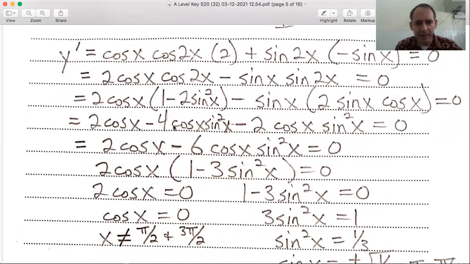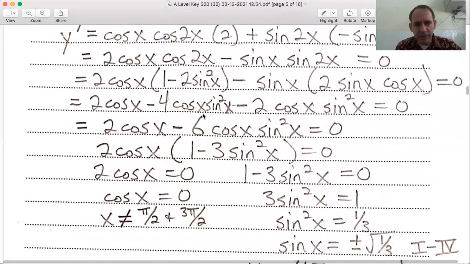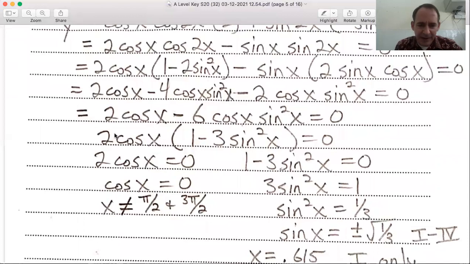Multiplied by here, you get a minus 4 cosine x sine squared x. Minus all of this is 2 cosine x sine squared x. And then you can combine like terms. Both of these have a cosine x sine squared x, which makes a negative 6 cosine x sine squared x. Now factor out what is common for both.